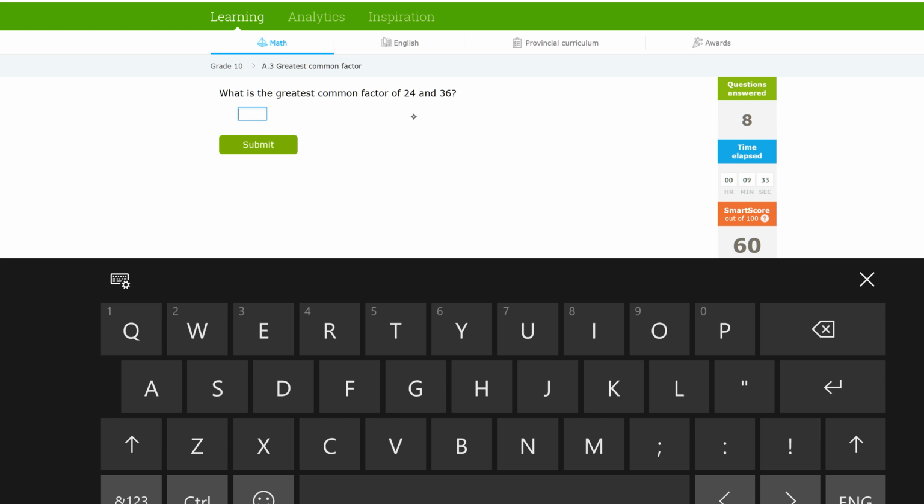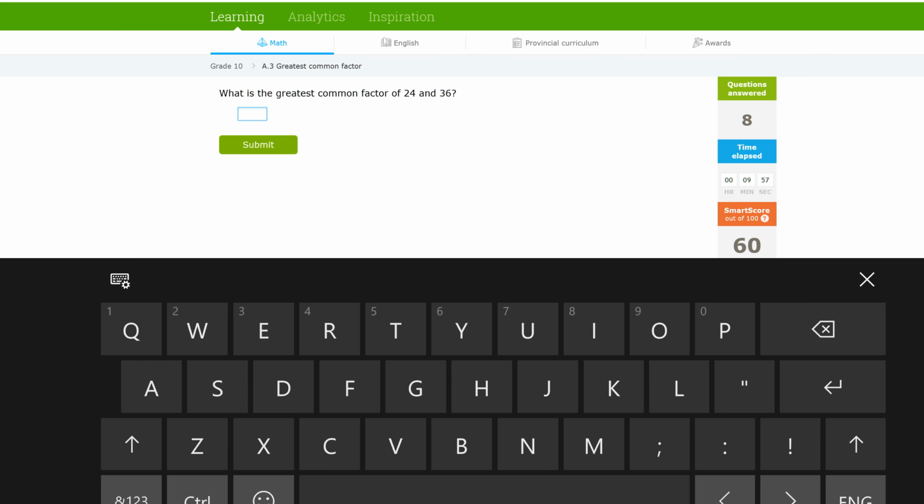But now the question is 24 and 36. 6 divides both of them. 2 divides, right? And 6. Yeah, even 3 divides them. 3, 2, 6.